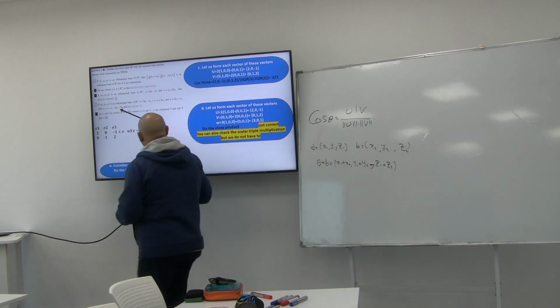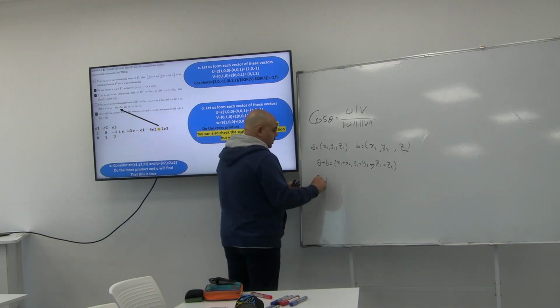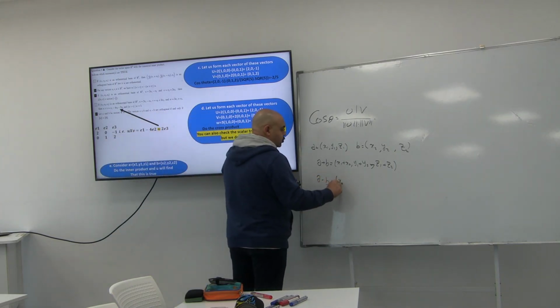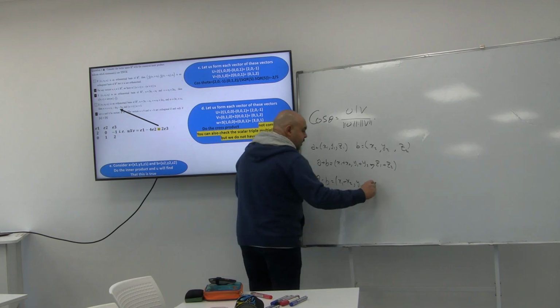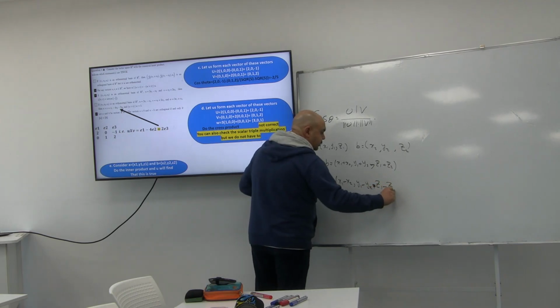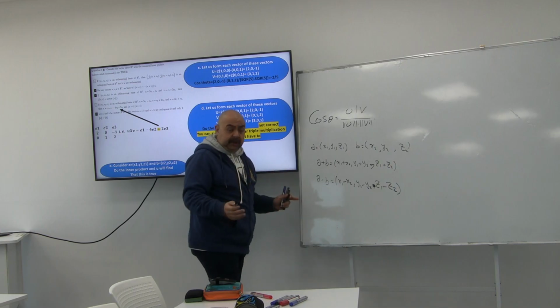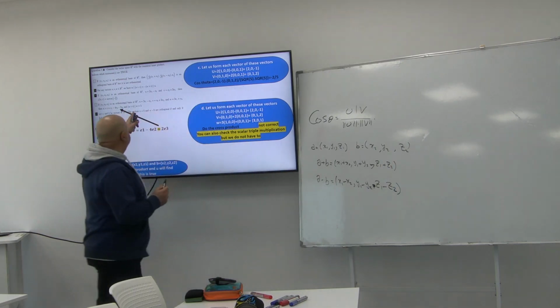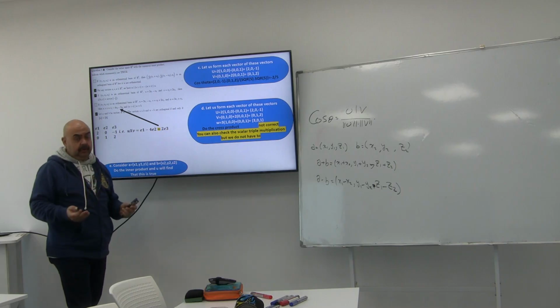A minus B is going to be x1 minus x2, y1 minus y2, and z1 minus z2. To be orthogonal, if you take the inner product of these two vectors, the result should be 0.